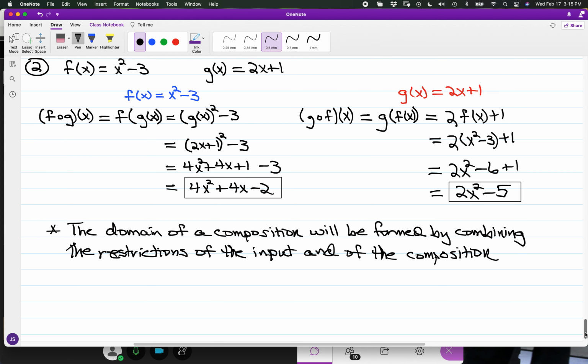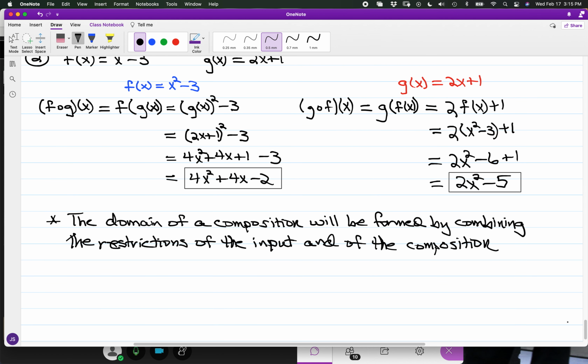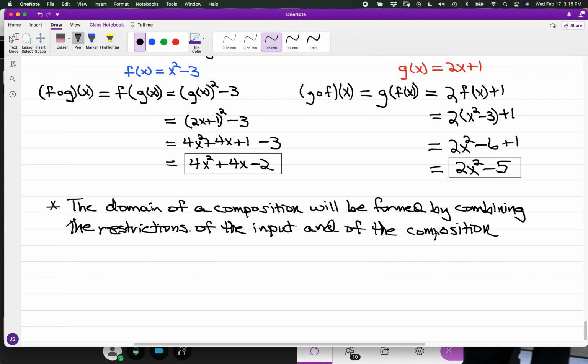Okay, in this particular layout, I'm going to give you something that's not going to be all real numbers.